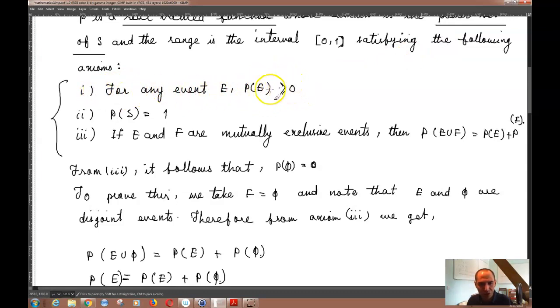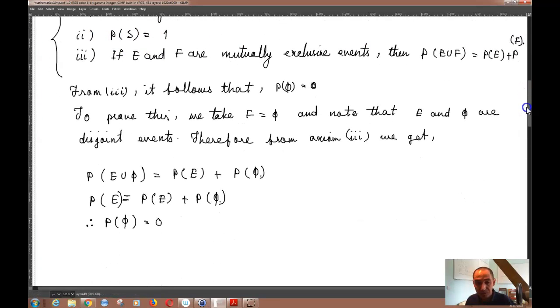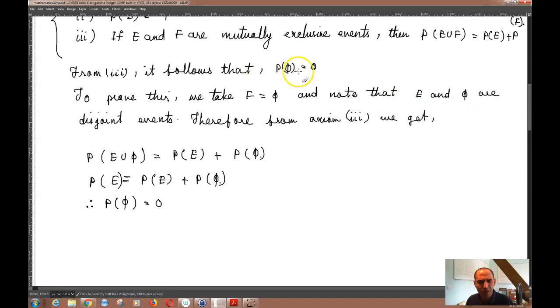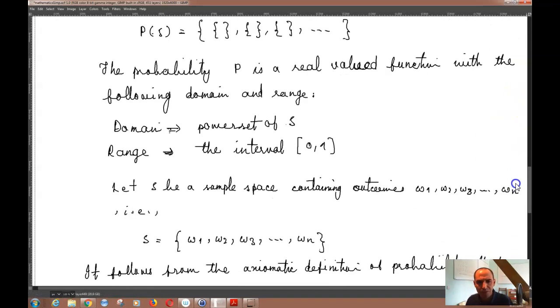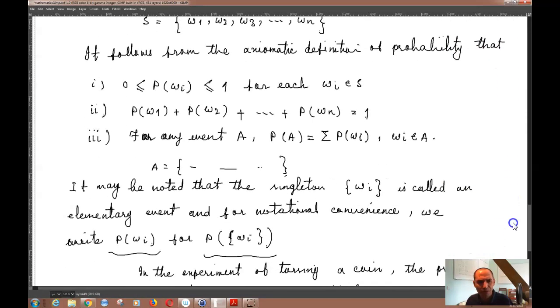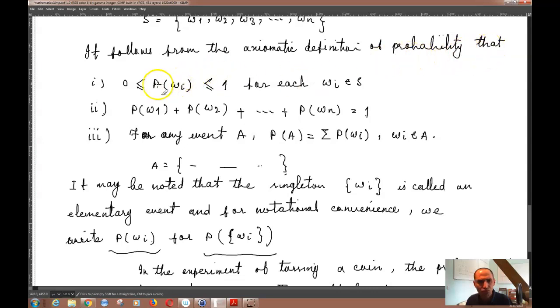Then P of omega i is greater than or equal to 0 and less than or equal to 1 for each omega i belonging to S, and P of omega 1 plus P of omega 2 all the way to P of omega n is equal to 1.